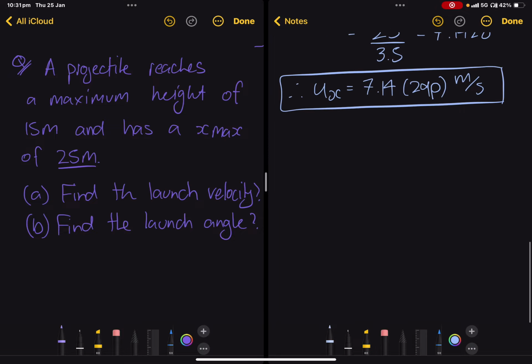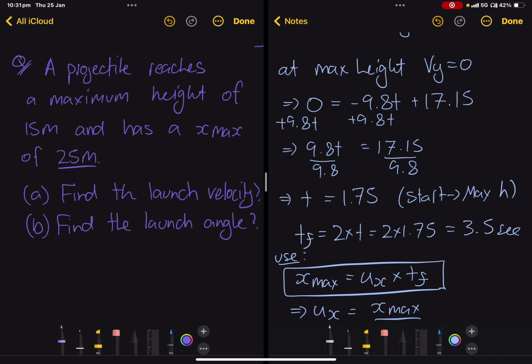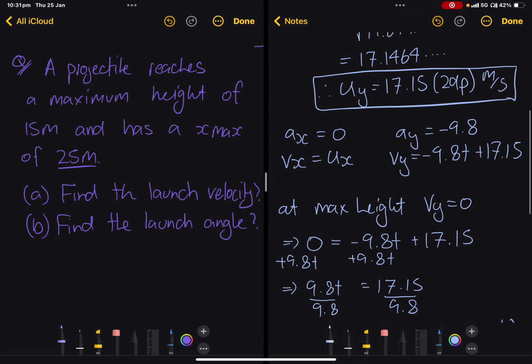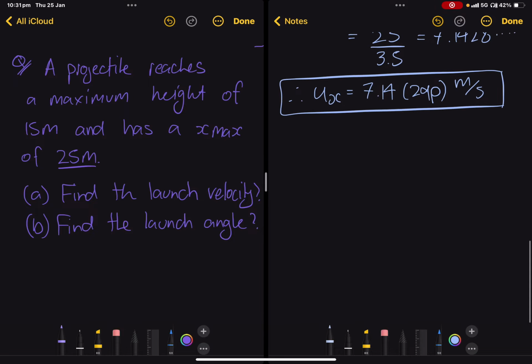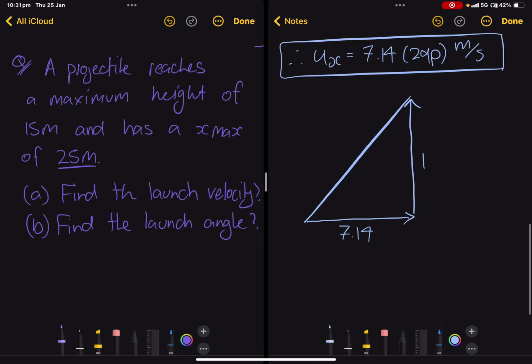Now we're going to draw a vector diagram to demonstrate these two velocities. So u of x is 7.14, u of y we said was 17.15. If we draw a nice big vector diagram here, we have u of x across this way is 7.14, and then u of y up this way is 17.15.